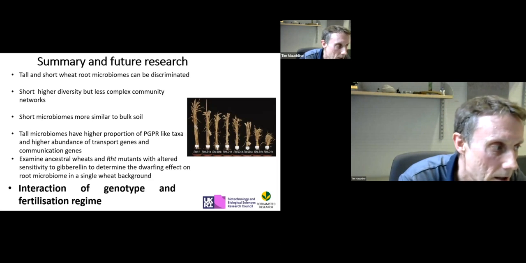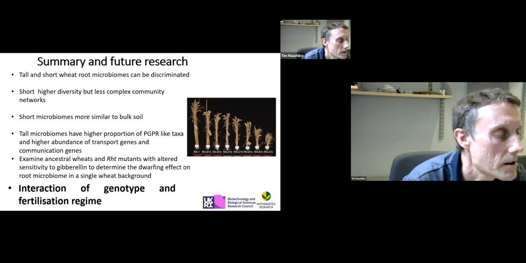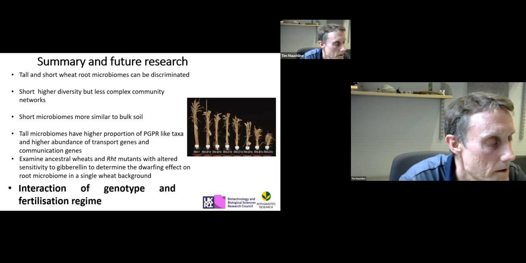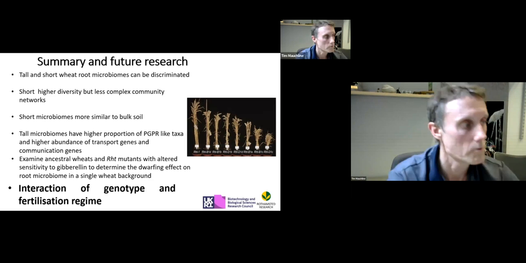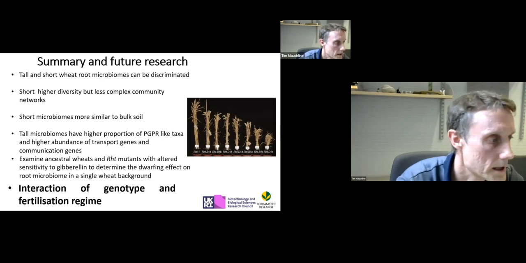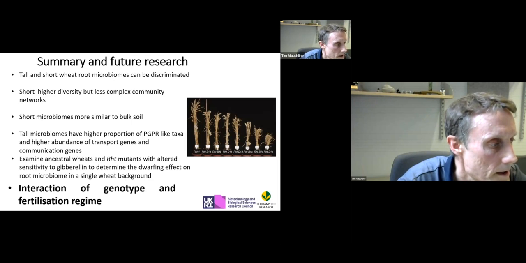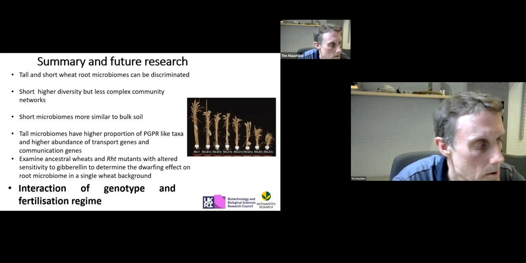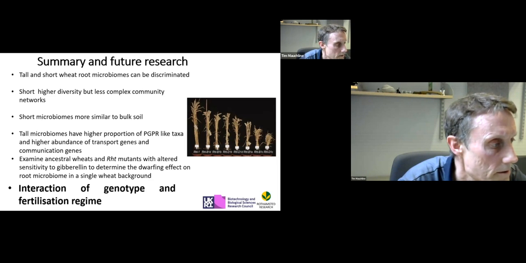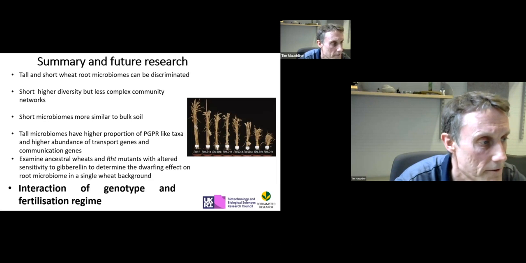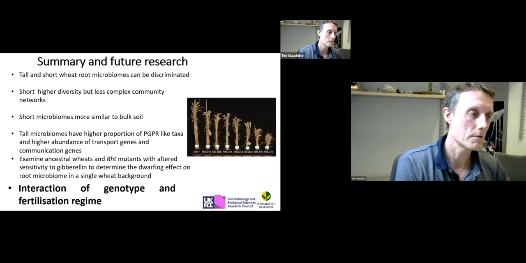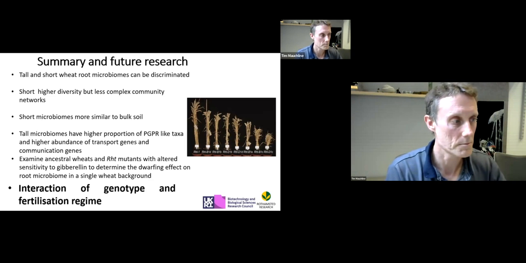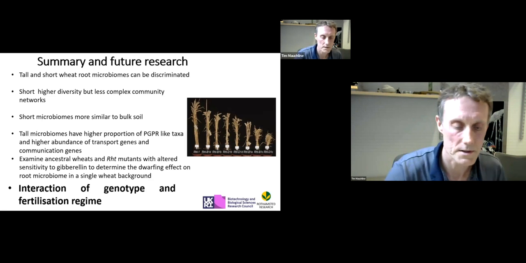By including the ancestral wheats, we're able to go back in time, if you like, to look at the very primitive grasses which are related to wheats, all the way through to our modern elite cultivars. And then another key element we're developing at the moment is to examine the interaction of plant genotype and fertilisation regime. We've been talking quite a lot about nitrogen and genotypes, so it really is to bring those two elements together.